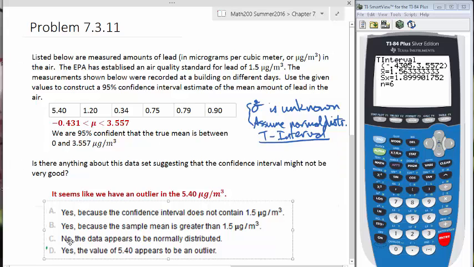So the next one, no, the data appears to be normally distributed. We can assume that, but we're looking to see if there's something that's not very good about this. And then the last one says yes, the value 5.4 appears to be an outlier. So that's what we had observed for this particular data set. So it looks like that's it. We have 5.4 as an outlier. Okay, I think that's it for this problem. Good luck.